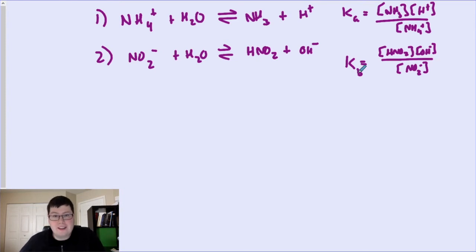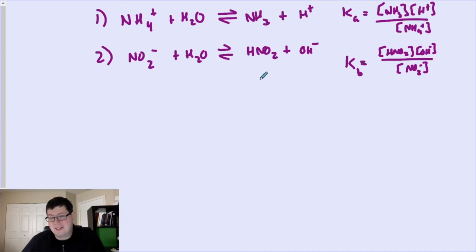Now like we saw at the beginning of the video, all we would need to do is know which one was stronger. Was the Ka of this one larger than the Kb of that one? And then we can evaluate the strength of our acid or base here. But we have one slight problem. If you look in your textbook in Appendix C.2, tables A and B, there's a list of the Kas and Kbs of common acids and bases. But if you look, they don't have NH4+ and NO2- because they are ions.